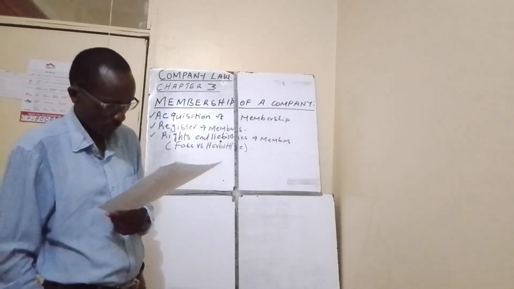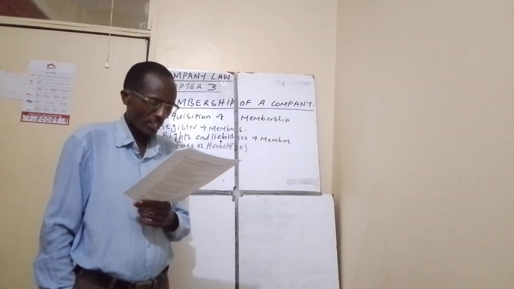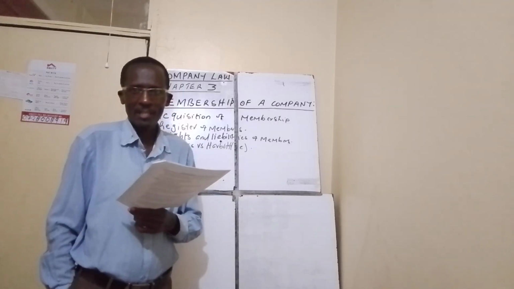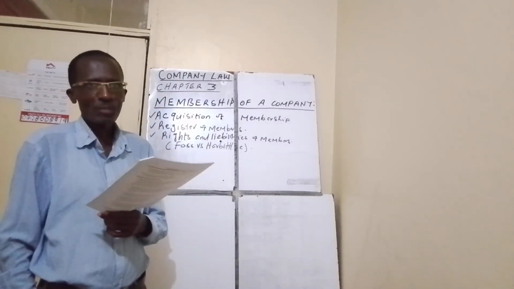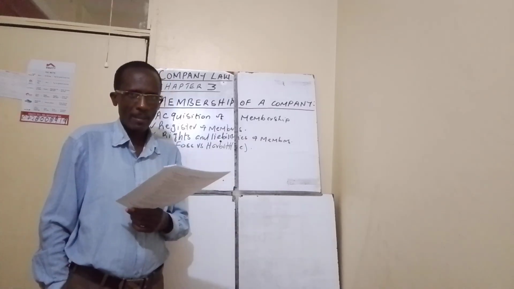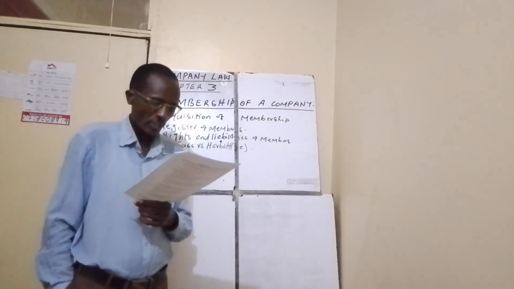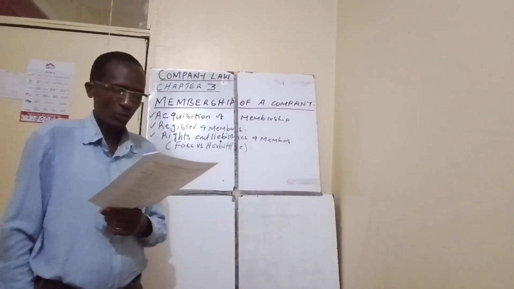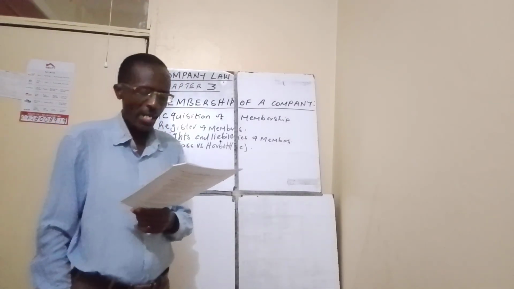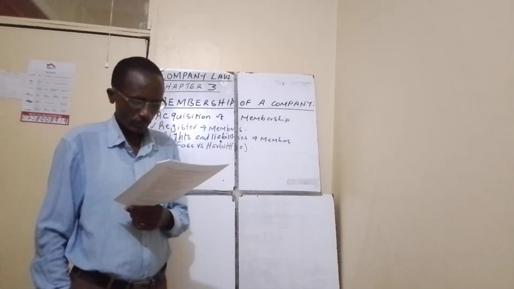Then exemptions to the rule in Foss versus Harbottle. Number one, if the act is ultra vires, which means in excess of the powers given. Refer to our previous classes in chapter 2. Number two, where the act is illegal.